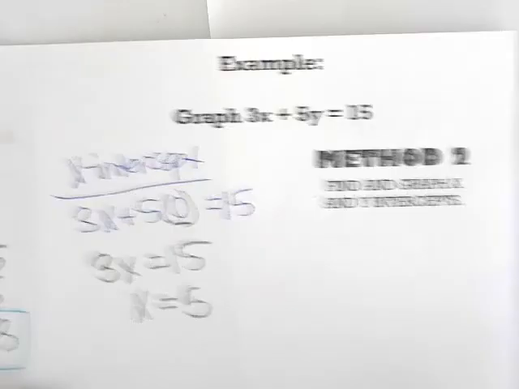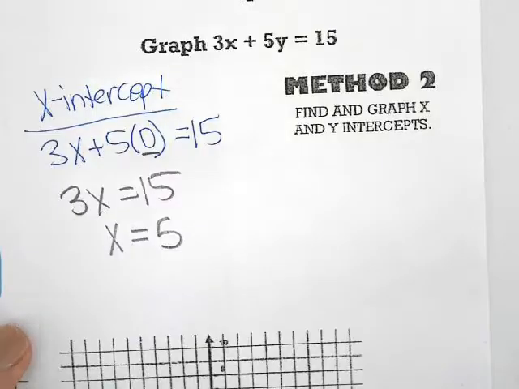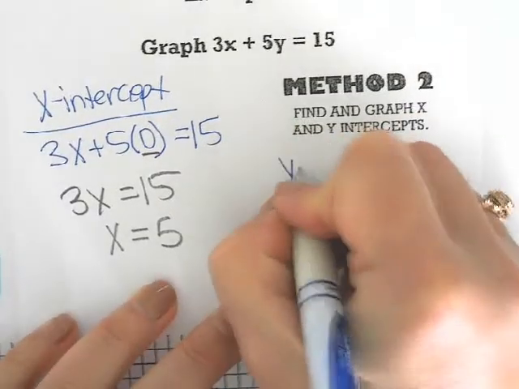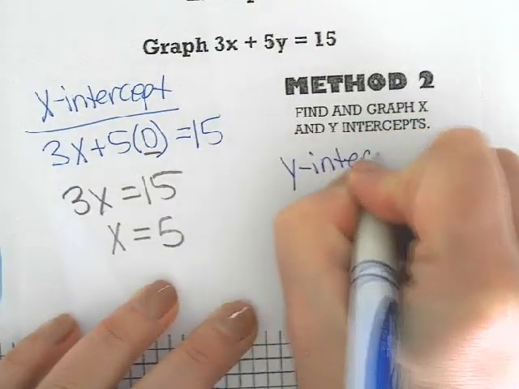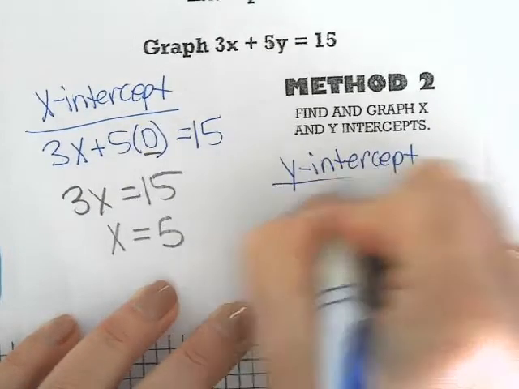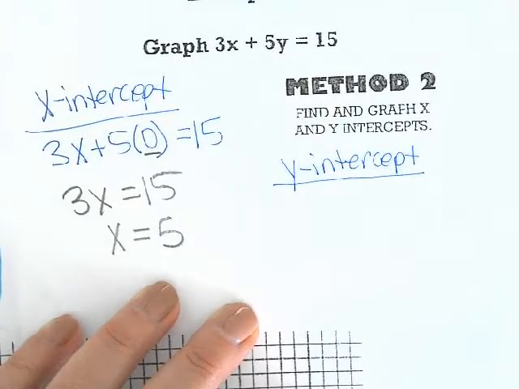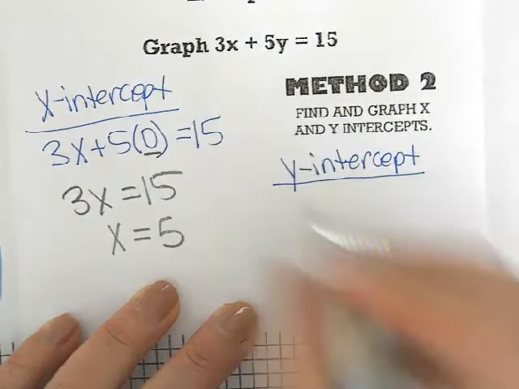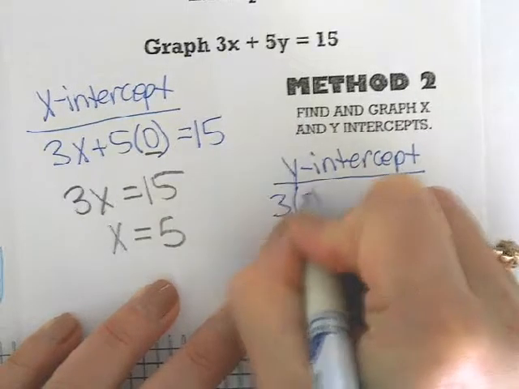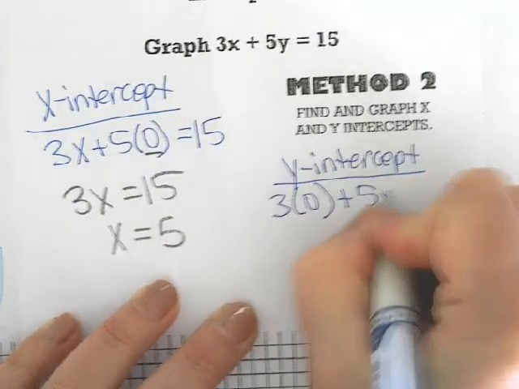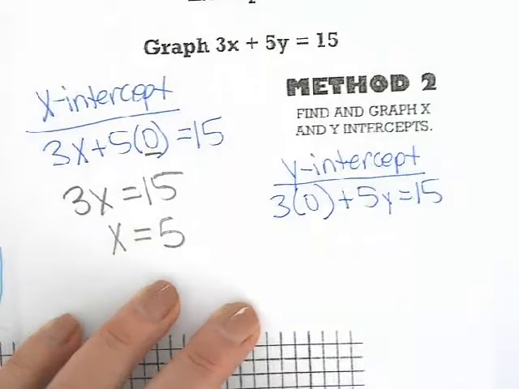The y-intercept, same concept. So this time I'm plugging in a 0 for x. So this would be 3 times 0 plus 5y equals 15.